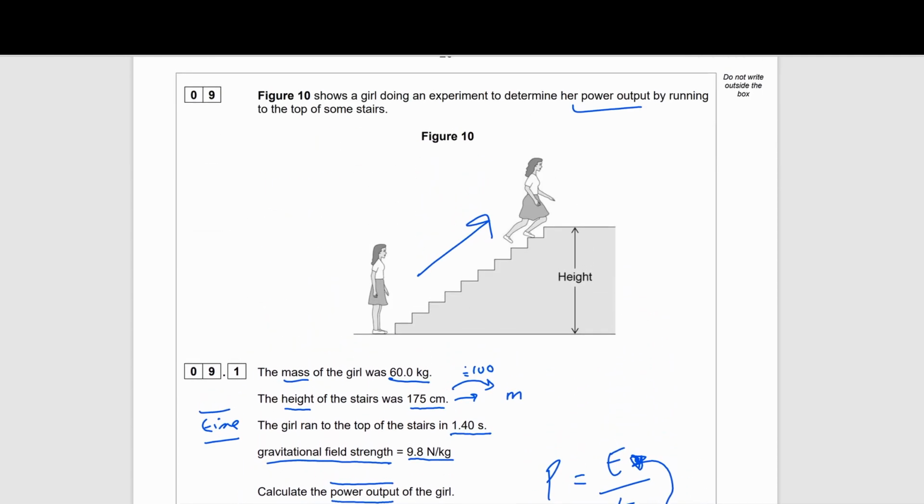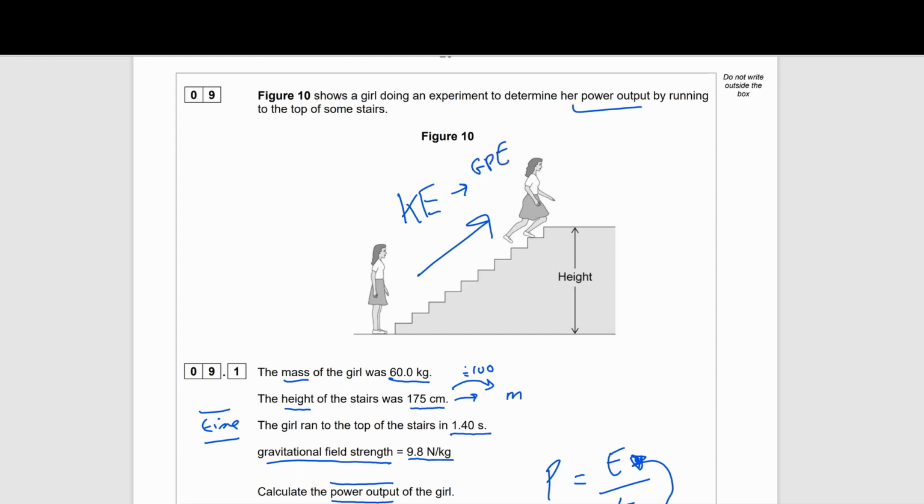Well, if we think about what's happening, the person is running up the stairs. So for the person to run up the stairs, there needs to be kinetic energy. But then that kinetic energy is actually going to then be transferred to gravitational potential energy.